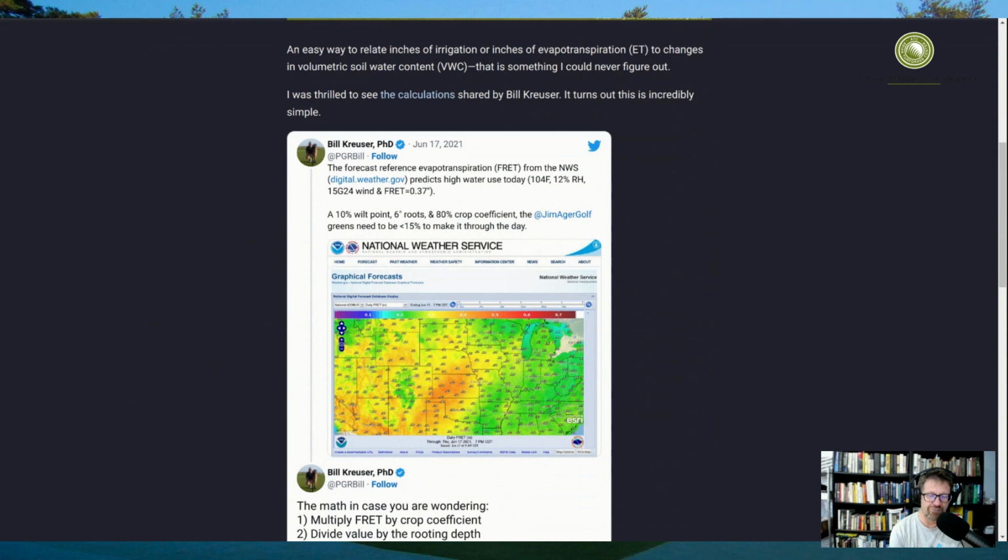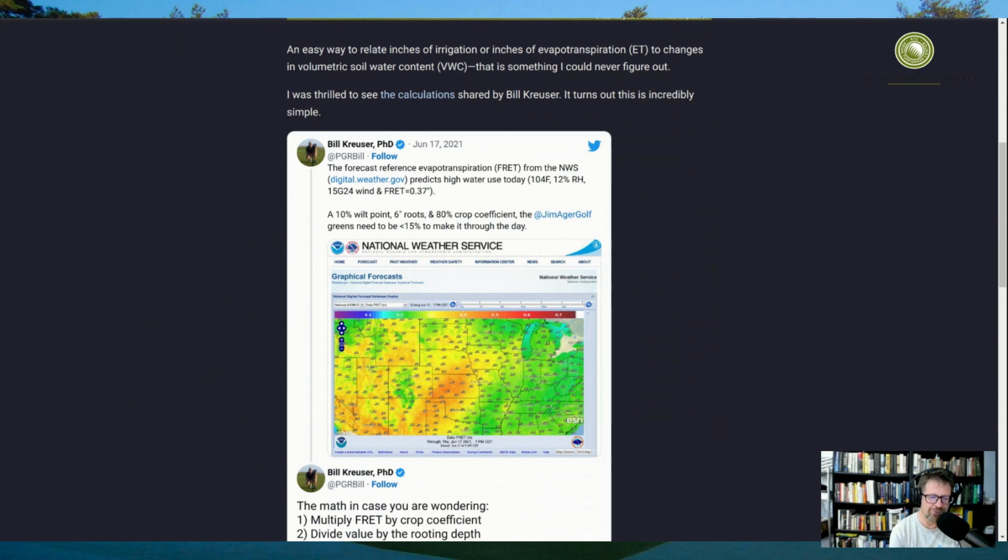They were predicting a forecast reference evapotranspiration of 0.37 inches, and that is a lot. That's going to be something like 7 or 8 millimeters. That's a very high forecast evapotranspiration.